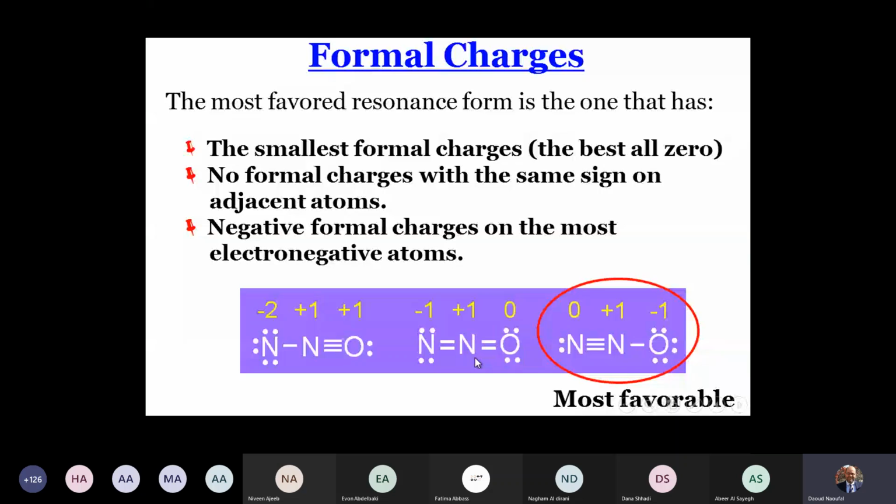The famous rule of Fajans-Kapustinskii states that oxygen is more electronegative than nitrogen. So the minus formal charge should not be on nitrogen, it should be on oxygen. So structure number 2 is not the best according to these rules. In structure number 3, we observe that the minus is on the oxygen, which is the most electronegative. So between these 3 possible structures, the best is the third structure.